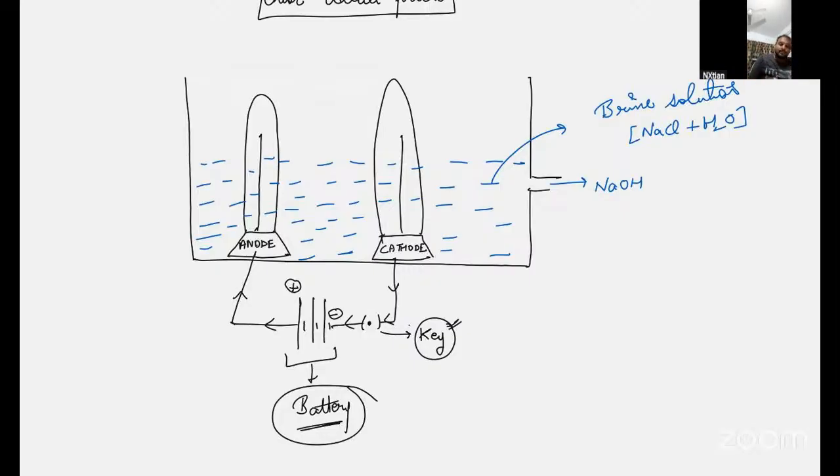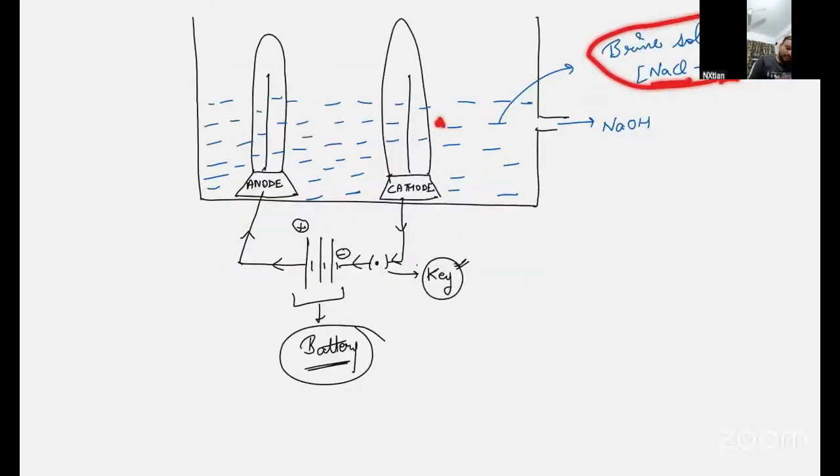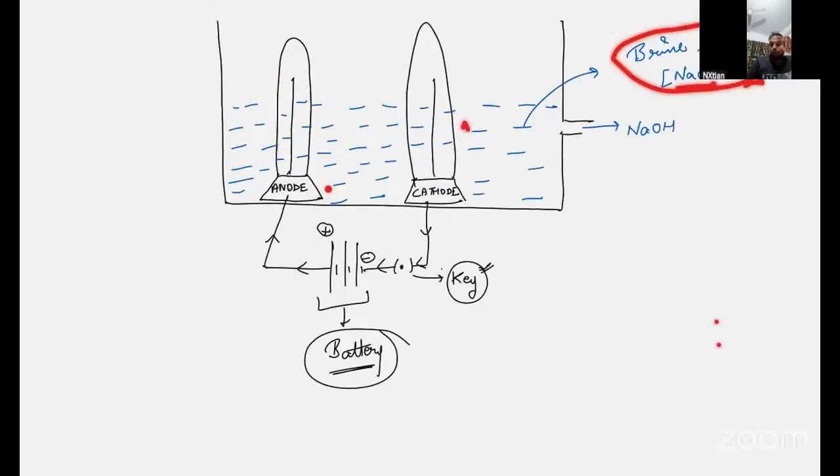So what I did, I took the brine solution, which is NaCl plus water here, and I put two things: first is the anode and the second one is the cathode. What is anode?